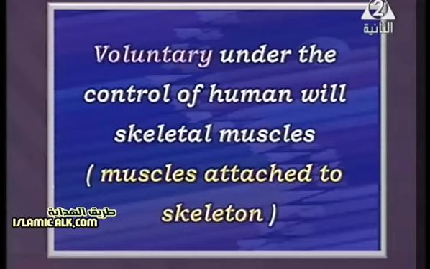Muscles of the upper limb, lower limb, back, and face, you can control. The abdominal muscles are also voluntary, under the control of your body. Like what? Muscles attached to the skeleton, skeletal muscles.